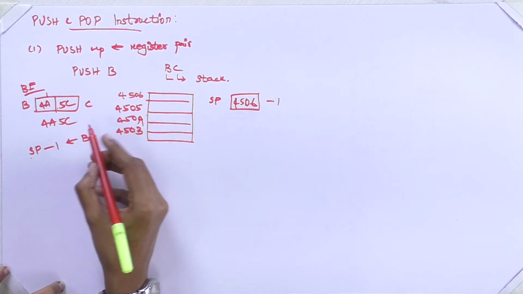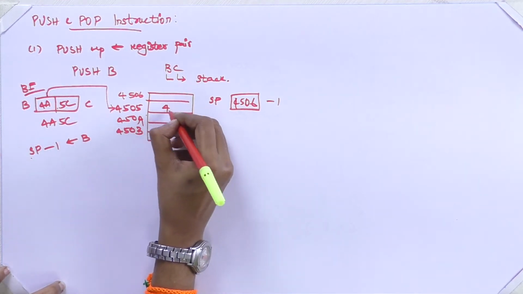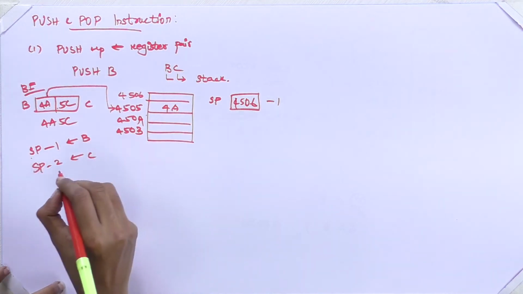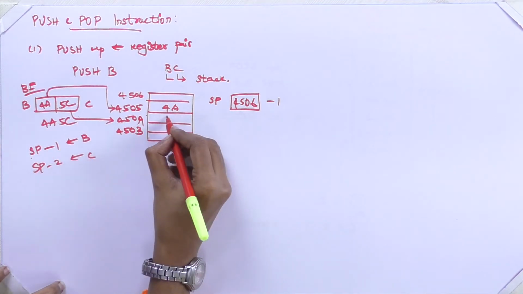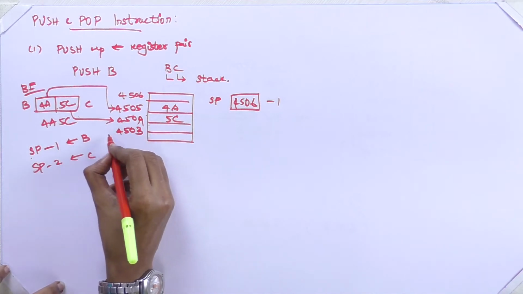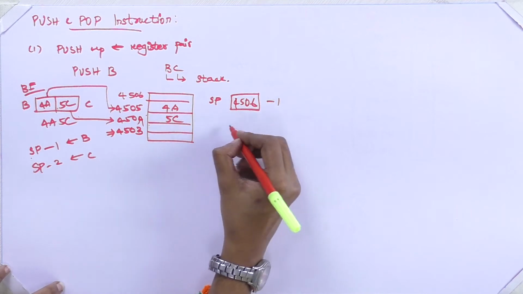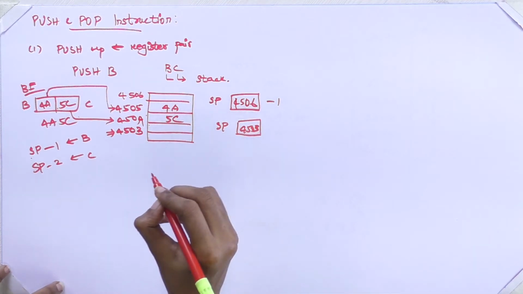So in 4505 the B value will be stored, that value is 4A. The C value will be stored in SP minus 2, which is 4504. 5C will be stored here. Again your stack pointer will be subtracted by 1 and will point to 4503, so the stack pointer will be updated with the value 4503.